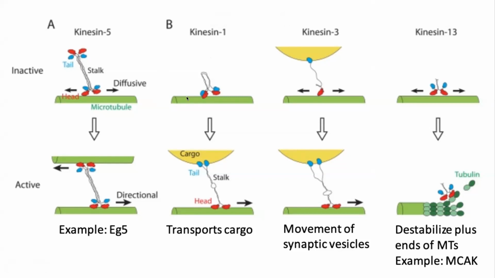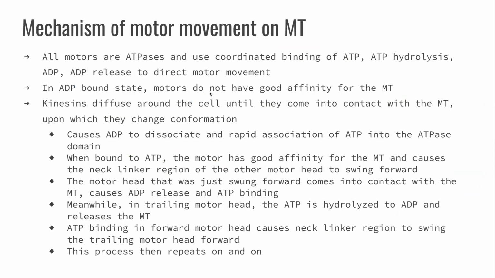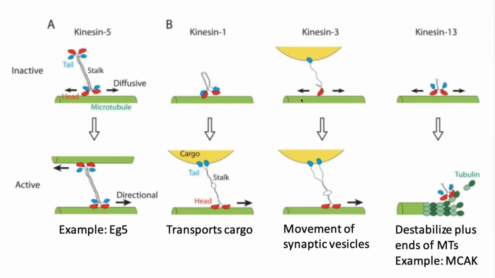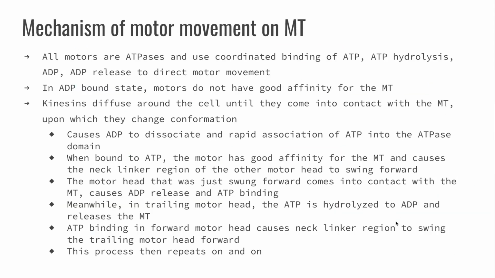Then kinesin 1 and 3 help to bring cargo proteins up and down the microtubule. Kinesin 1 is a dimer, and kinesin 3 is a monomer. But when they're active, they both have 2 subunits, and the cargo is bound to the tail end, and the head is bound to the microtubules. And then kinesin 13 destabilizes plus ends of microtubules and just slides across.